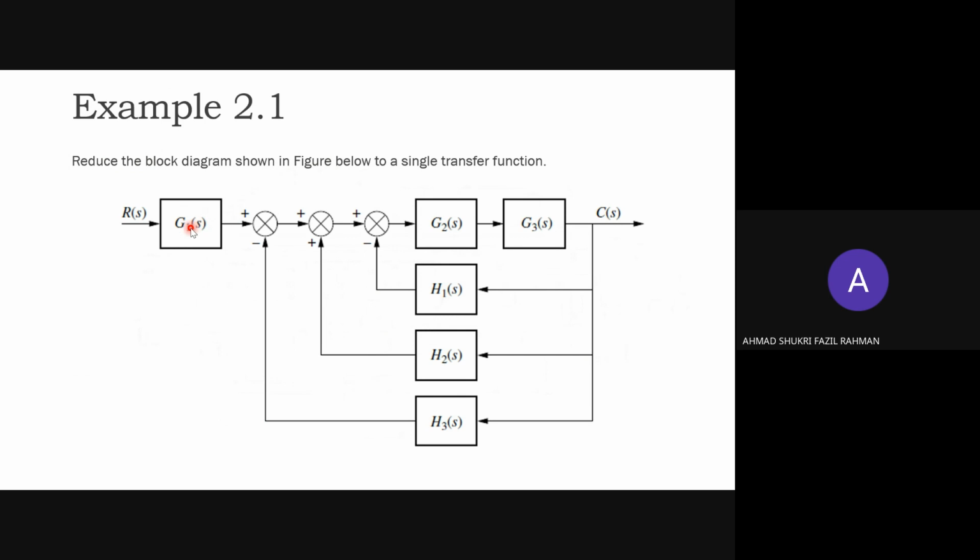You can see we check first for series and also parallel connections. From here, I think we can solve this part as a cascade. So the value here would be G2(s) multiplied by G3(s). So we already solved this one, and this next one is quite direct.